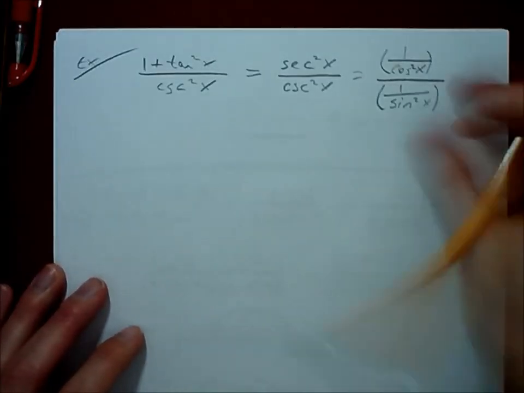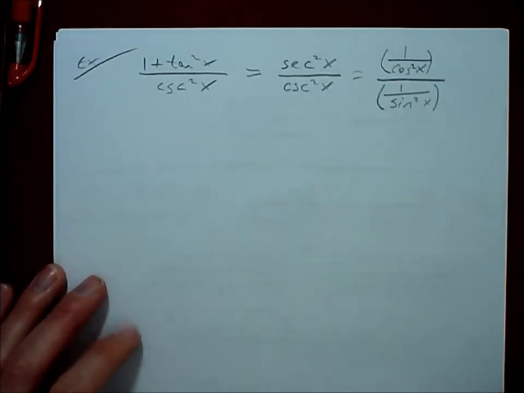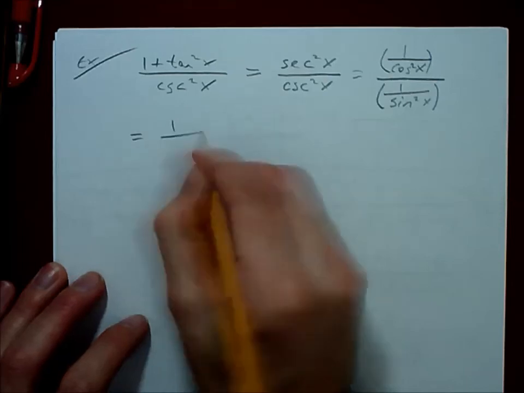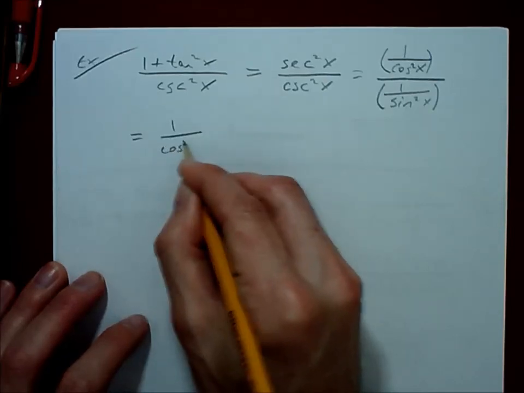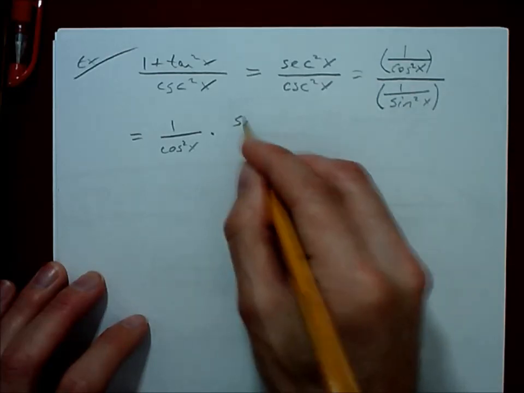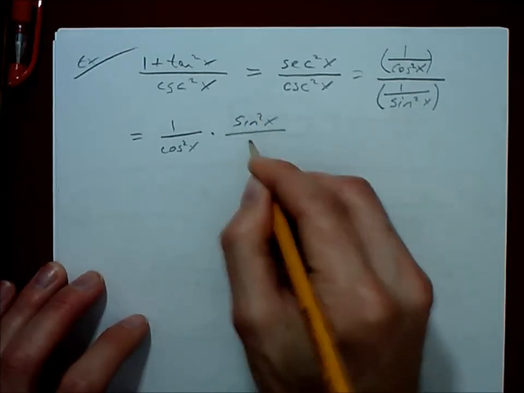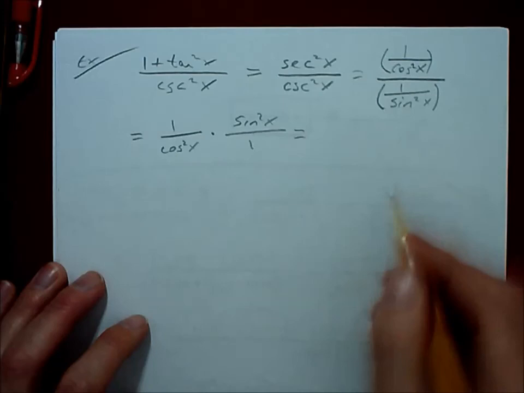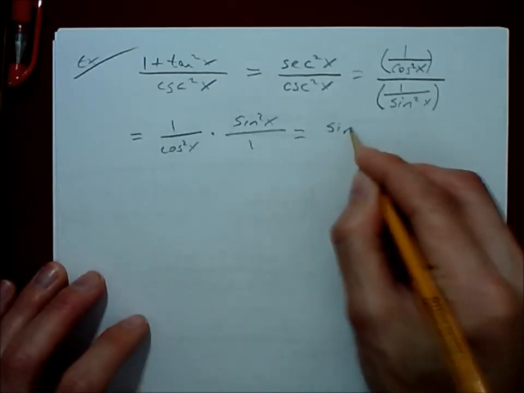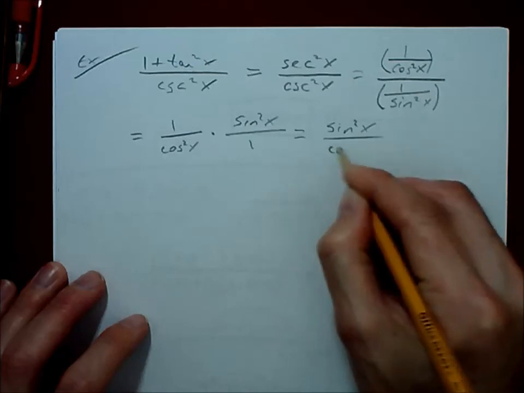A fraction divided by a fraction. What are you going to do? Okay. So we'll take 1 over cosine squared of x times, and we'll flip this one, sine squared over 1. Or simply, multiply straight across, sine squared over cosine squared.